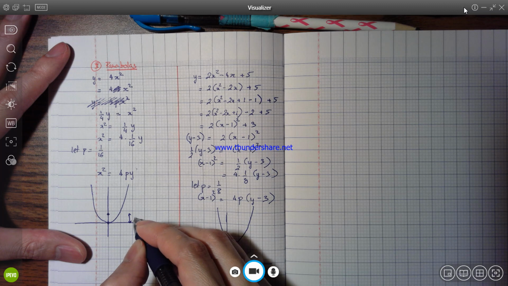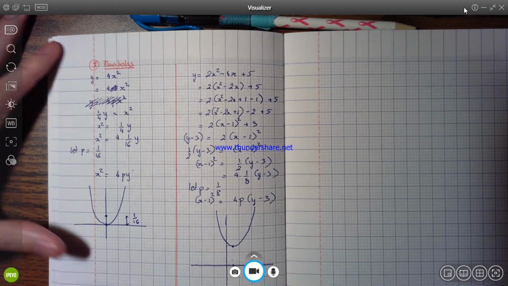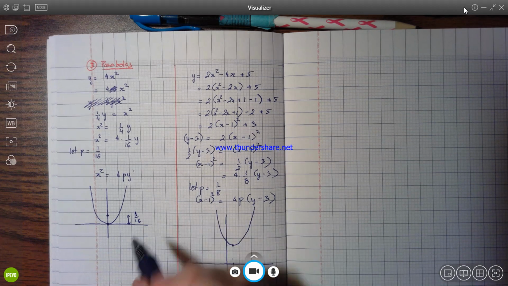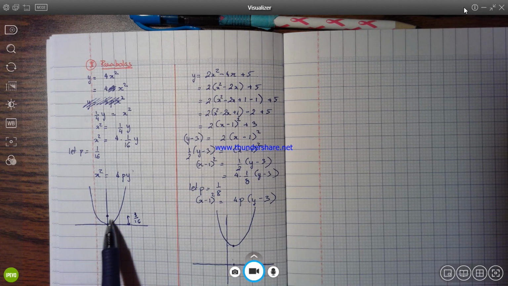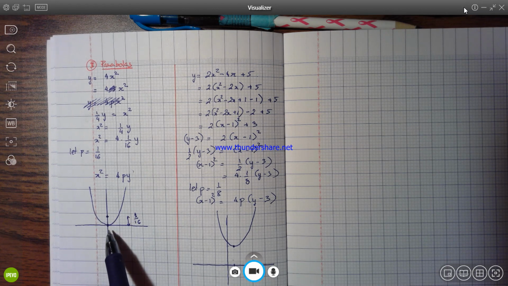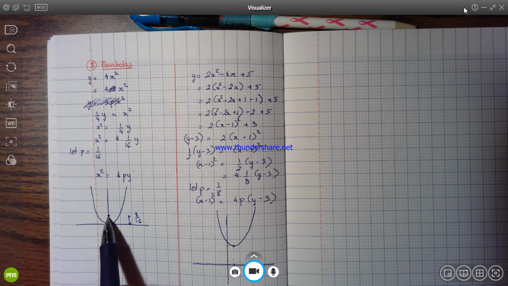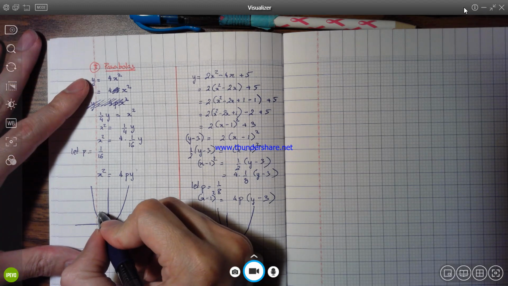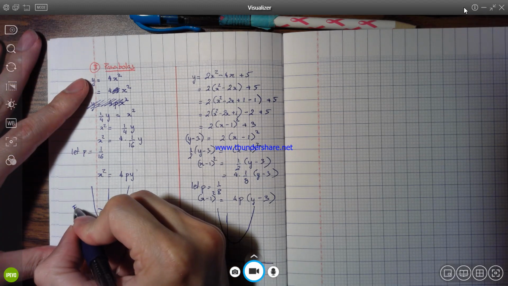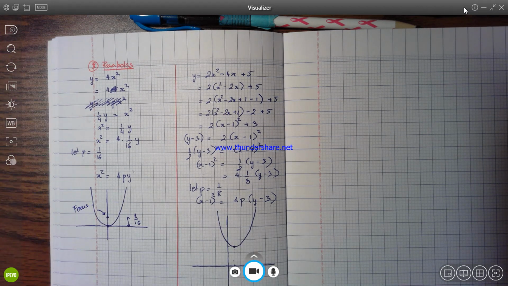Of course, this is just a sketch. The increment is not good. It's not to scale, so it's just a sketch. But we know that p is the distance from the vertex to a point inside the parabola, and that point we call the focus.